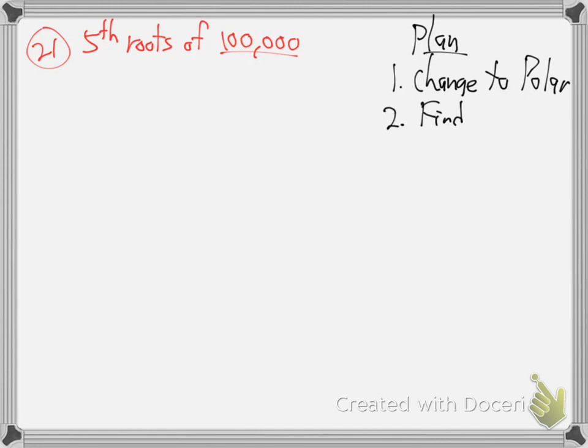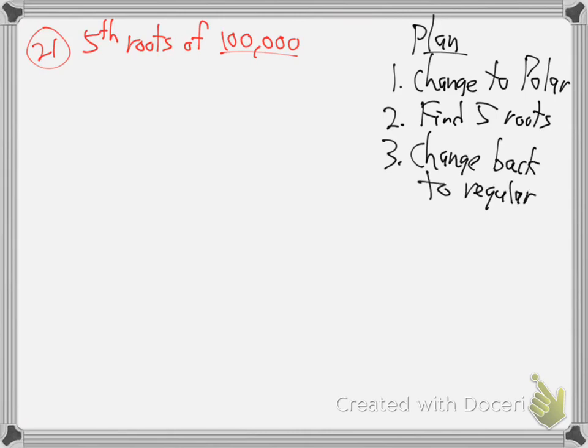Find the 5 roots. Change back to regular, or rectangular as they call it. Now it's regular to polar, back to regular at the end, plus in the middle we got to do the whole 5 roots thing.